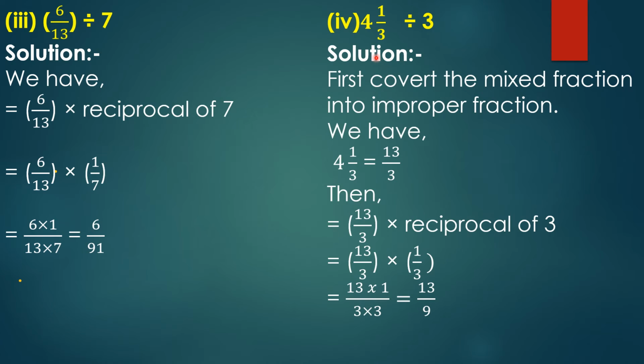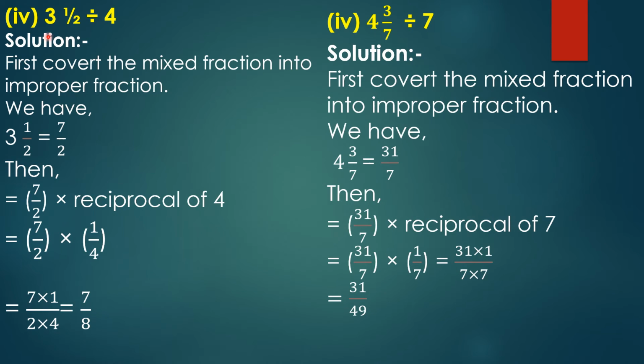Now 4 1 by 3 divided by 3 will become 13 by 3 into the reciprocal of 3, which is 1 by 3. Now multiply the numerators and denominators. This will become 13 into 1 divided by 3 into 3, equal to 13 by 9.